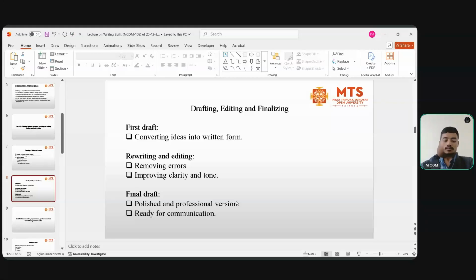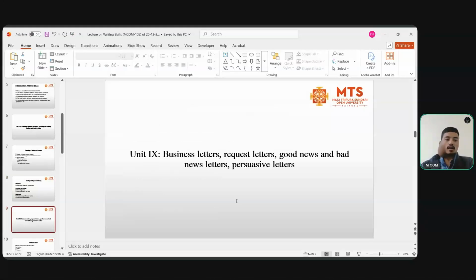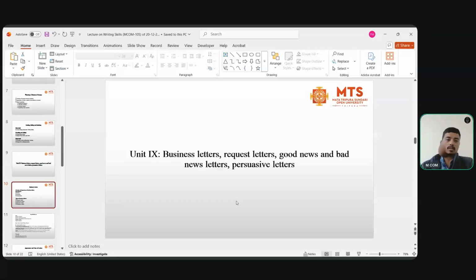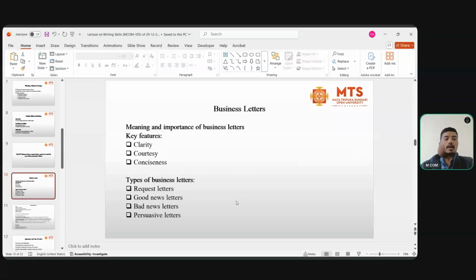Next is business letters: request letters, good news and bad news letters, and persuasive letters. Let's first begin with business letters. A business letter is a formal written communication in professional and official situations.